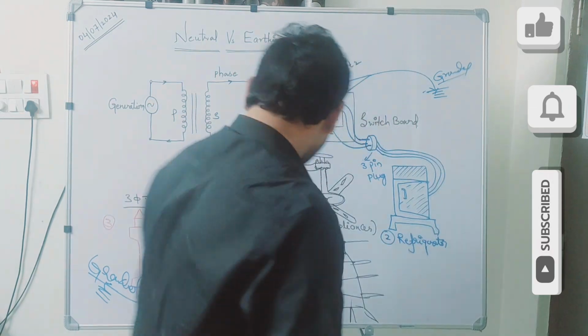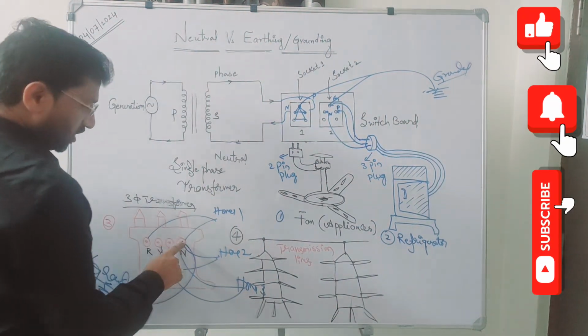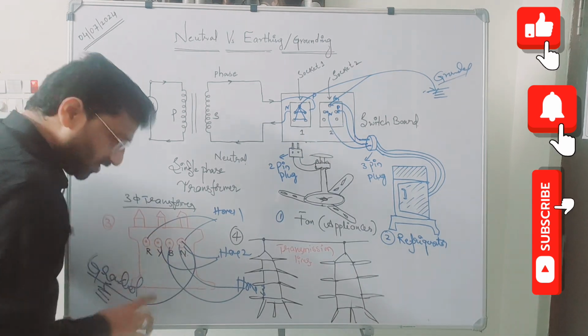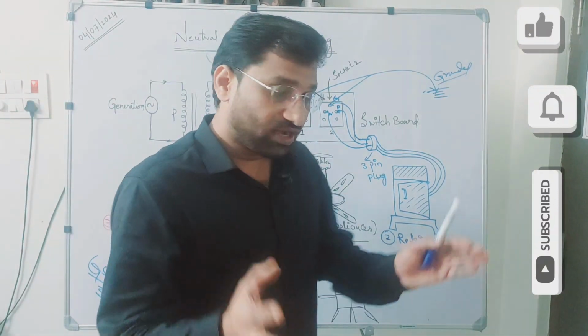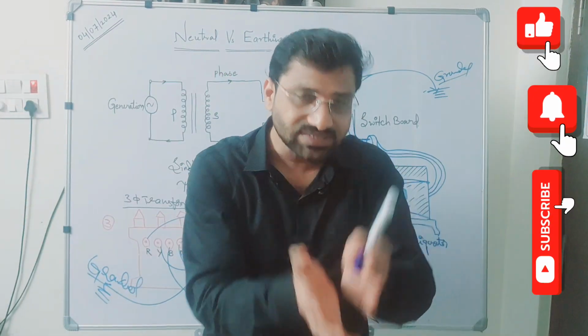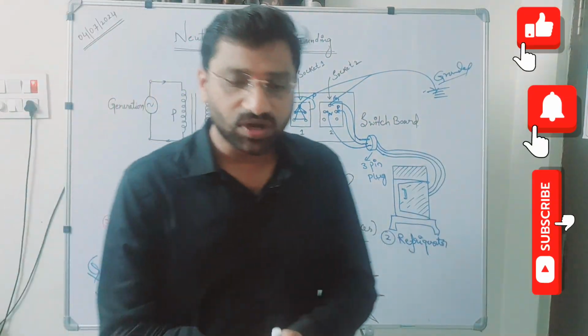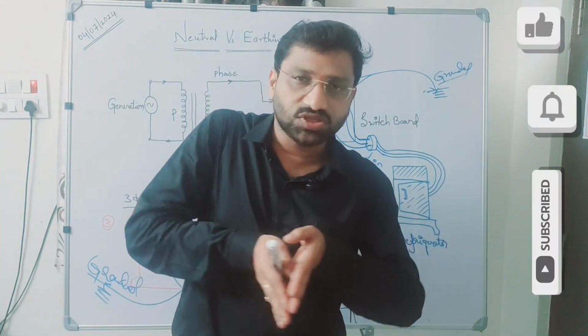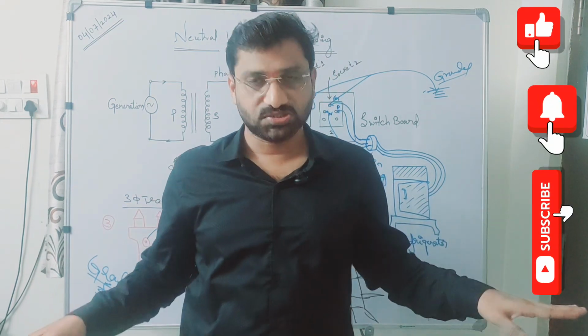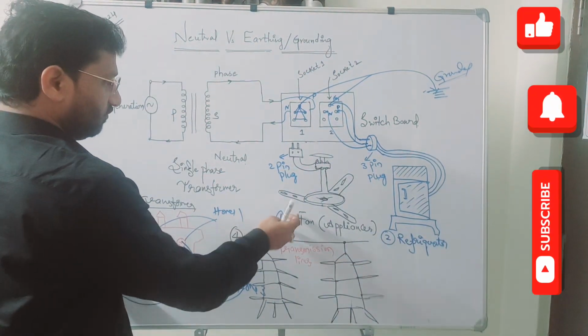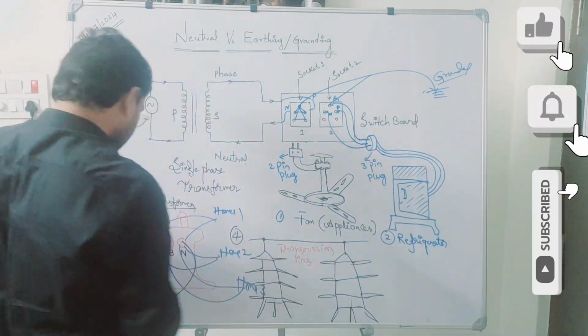In this case, definitely this transformer neutral will be grounded. What is the reason? Because all these three phases are having different currents. In order to balance the system, this neutral must be connected to the ground. Then only the differentiated current will go through the ground and will balance the system. Right? So therefore, fan, refrigerator, transformer.